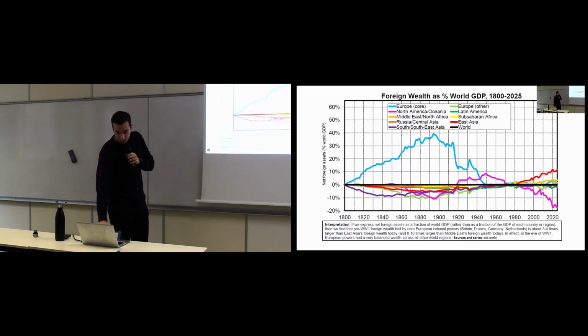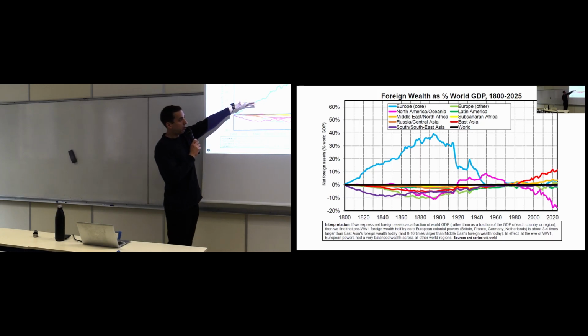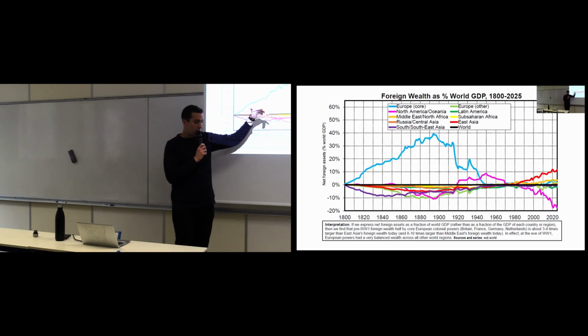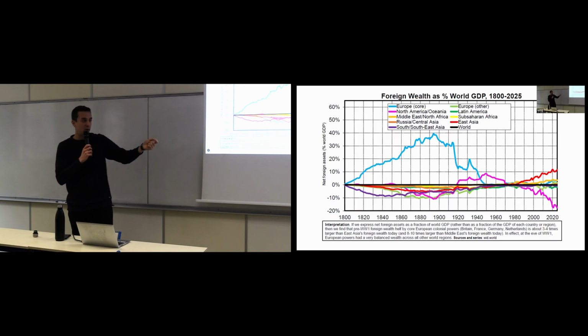Okay, one clarification. Since here we have these imperial powers that always have positive foreign wealth, and the rest of the world is indebted, we don't know where these Europeans have their investments, but we can, based on this, calculate the average European portfolio.